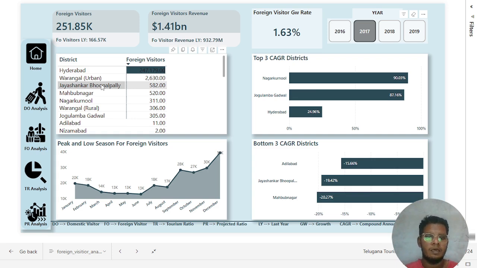That's why the peak seasons are June and December. And here the growth rate is always increasing compared to 2016. It's increasing by 1.63%.